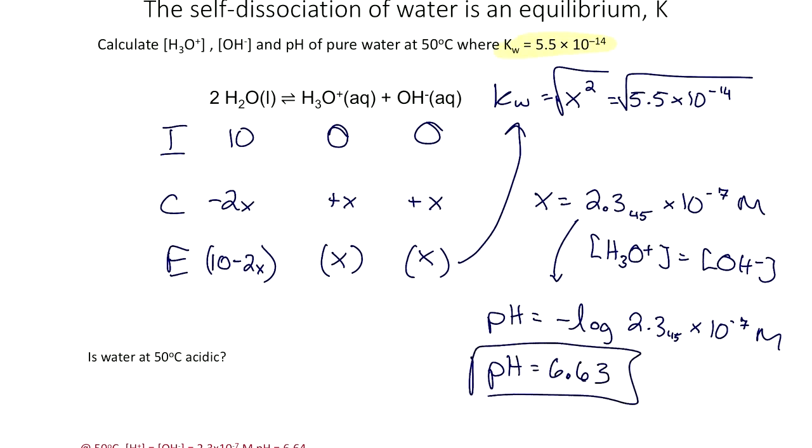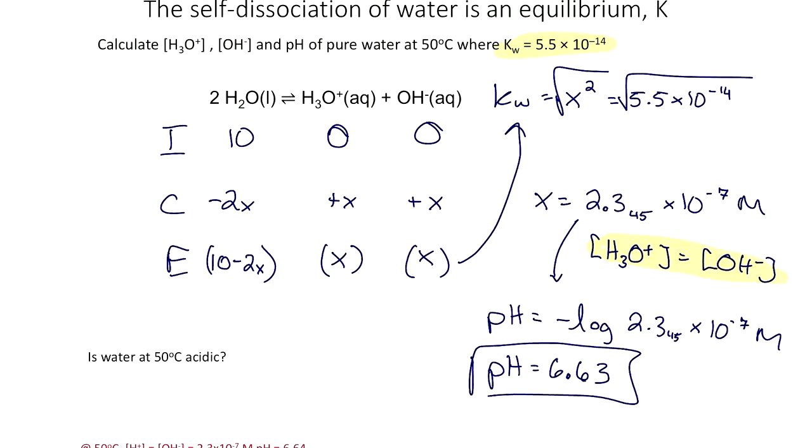Does this mean the solution is acidic? No. This solution is what? Acidic, basic, or neutral? It is neutral. This is pure water. So don't think in your head that 7 always means neutral. It does not. We just determined that H plus concentration is equal to hydroxide concentration.